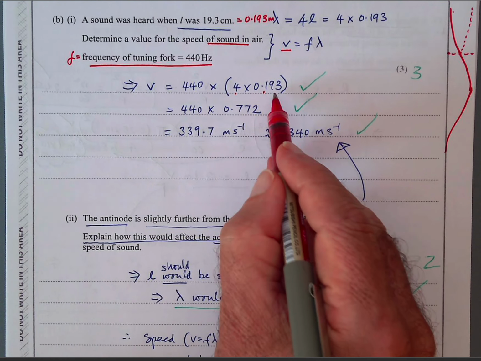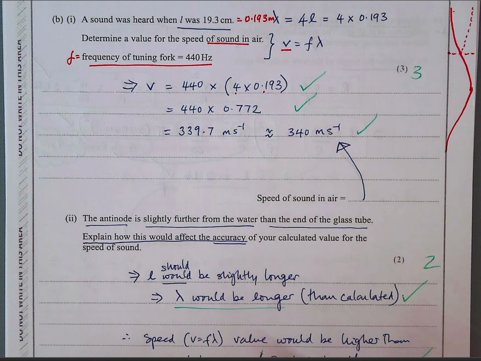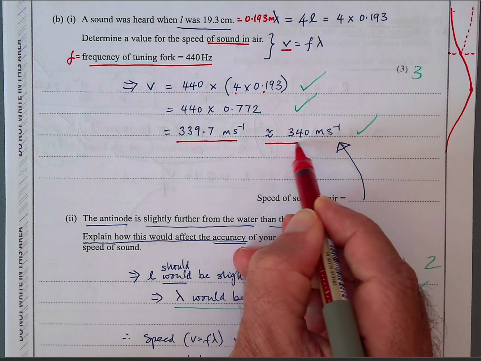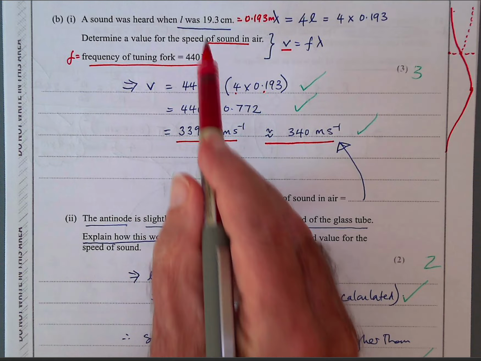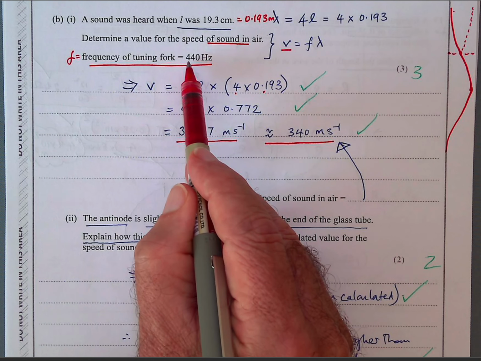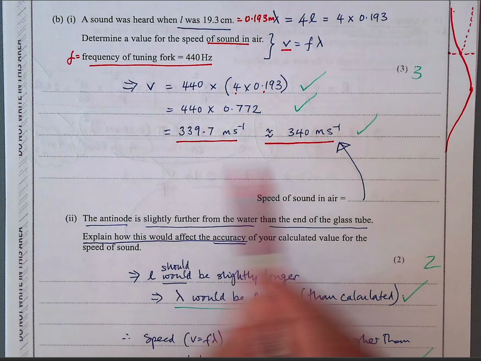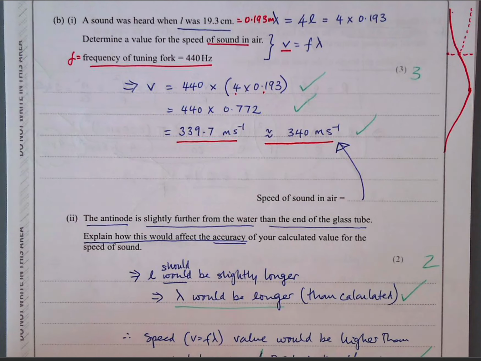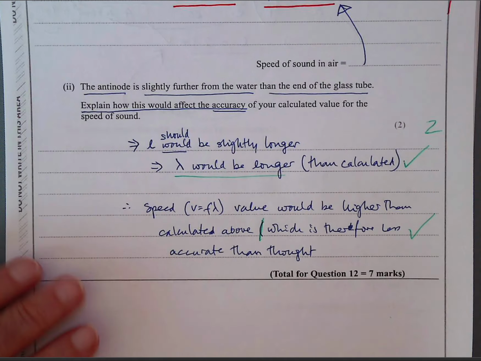If you change it into meters, you will get the maths, as I've shown you, to be approximately 340 meters per second. Always show the accurate value and then show that it's approximately equal to 340 meters. You have 2 to 3 significant figures here, so you shouldn't really go more than 3 significant figures in your answer.